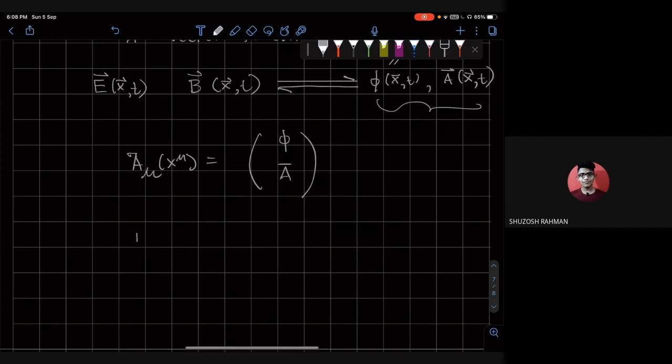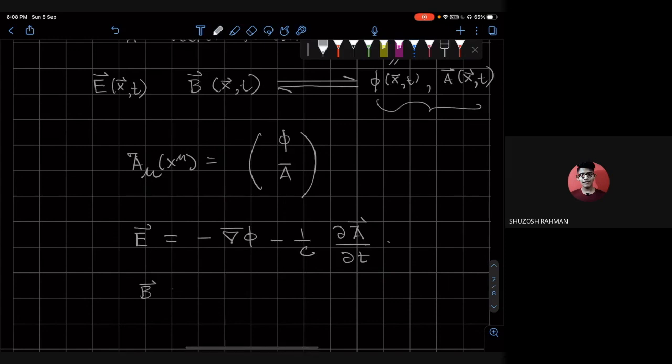So in the dynamical setting, the electric field is given by minus the gradient of phi minus 1 over c, the c is there for dimensional reasons, times the partial time derivative of A. Of course, if it's a static situation, then this term goes to 0.